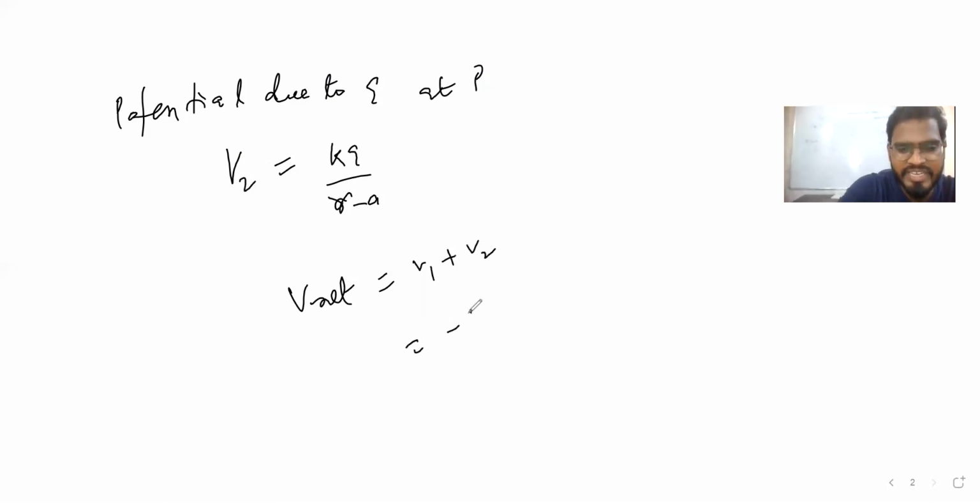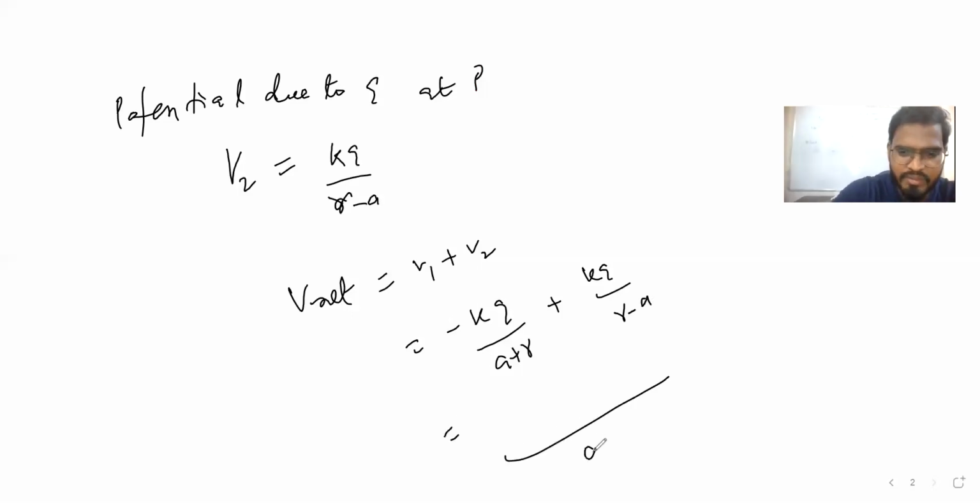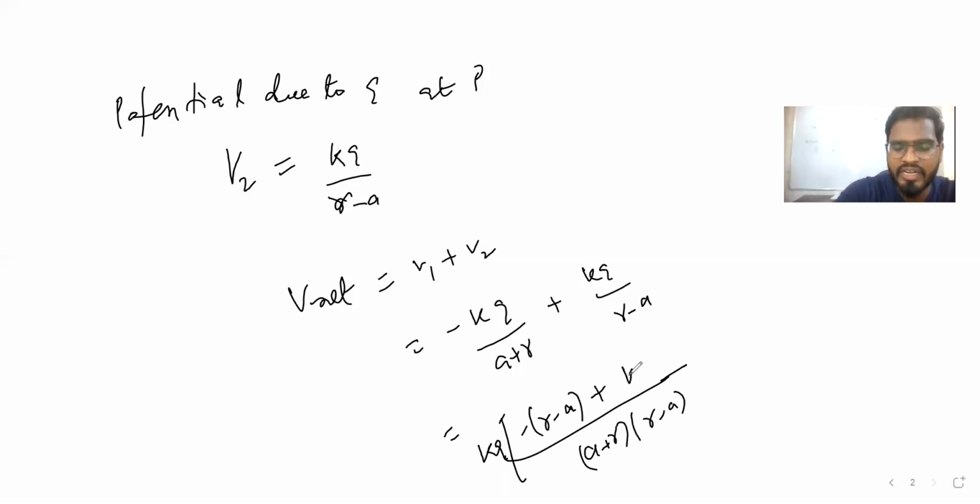As V1 is minus kq by a plus r, plus kq by r minus a. So we can take the LCM. So we will get kq, let's take common, minus of r minus a plus r plus a over a plus r into r minus a.